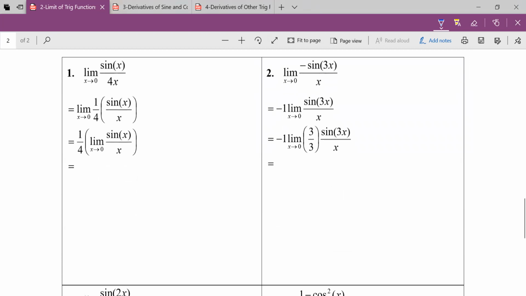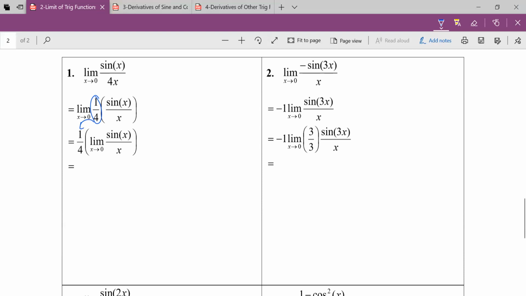All right. The first one, I've got the first couple sort of filled in halfway for us. The first one is the limit as x approaches 0 of sine x over 4x. That's not quite our limit rule that we just had written above. What you can see here is I've factored a quarter out. Because that's a constant, using my limit properties it can come in front of our limit.